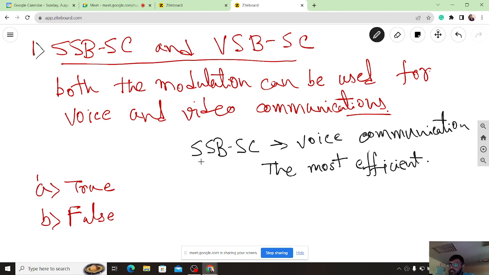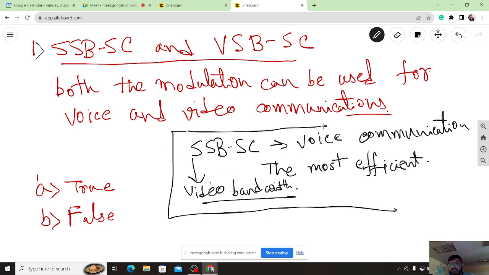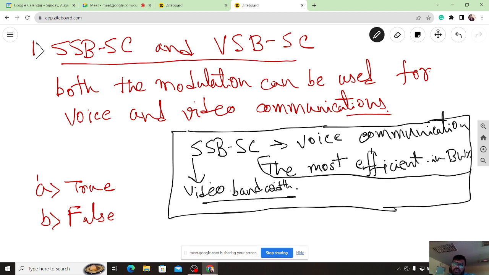However, this cannot be used for video transmission due to a large video bandwidth. We just cannot take only the single sideband. So SSB-SC is the most efficient in terms of bandwidth, not according to performance, but in terms of the bandwidth parameter. But it cannot be used for video.